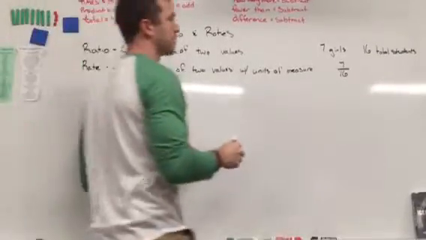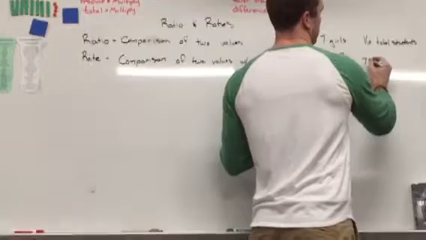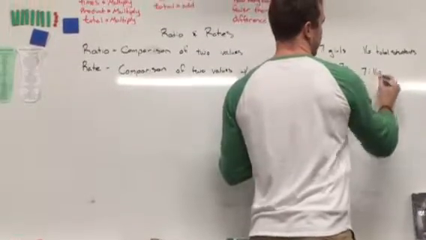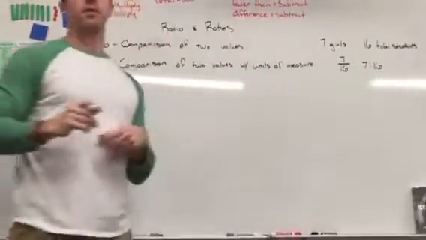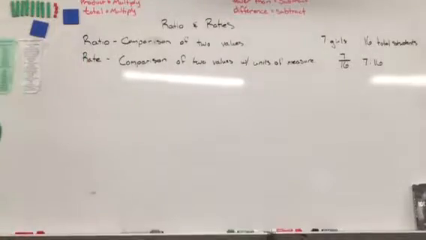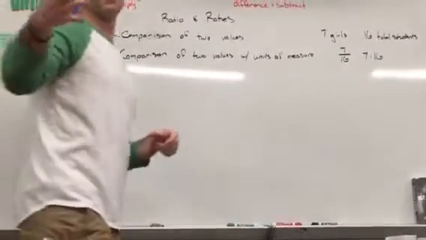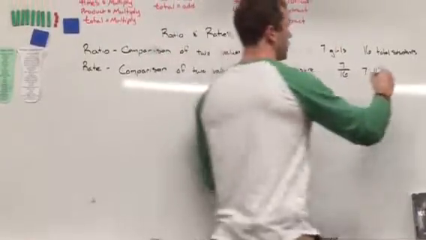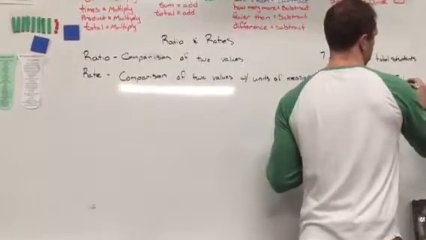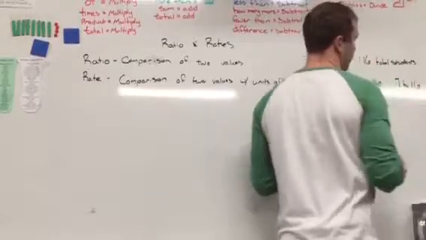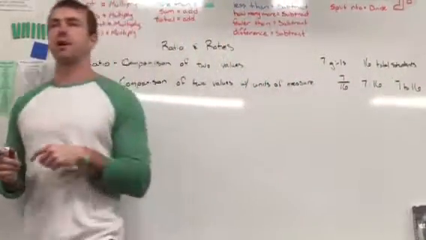Audrey? You can put 7 and then the 2 dots and then 16. 7:16. Excellent. What's the last one? You could just use the words 7 to 16. So three ways to write a ratio.